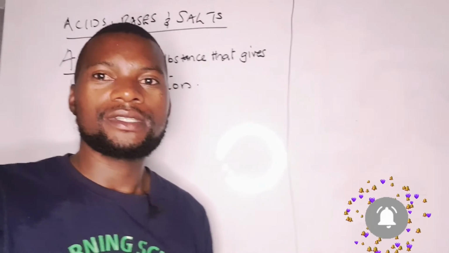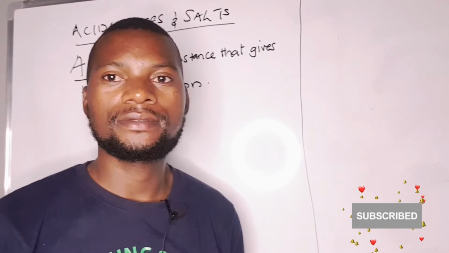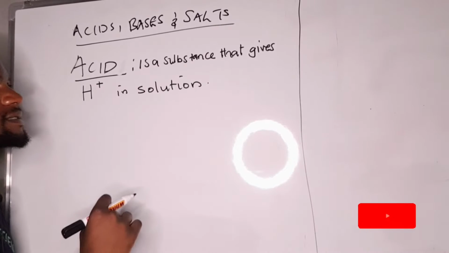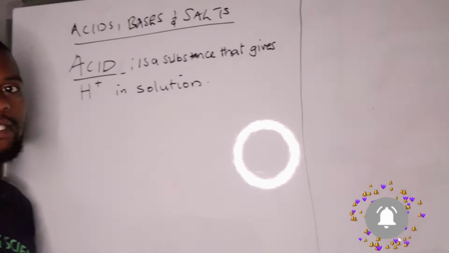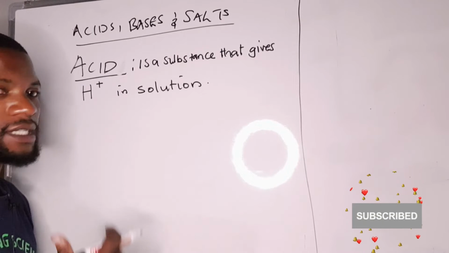So we are going to look at the acids. An acid is a substance that gives hydrogen ions in solution.